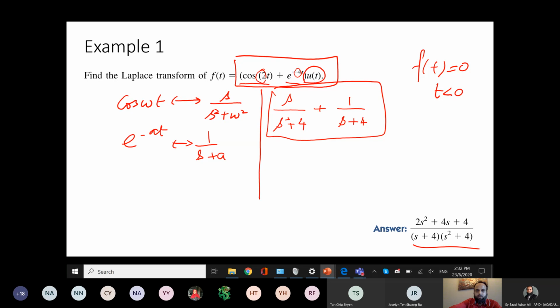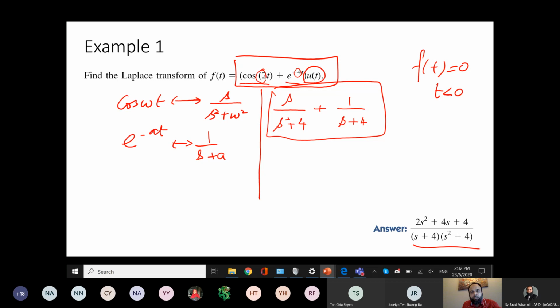Right. So you converted the cos 2t and the e to the negative 4t into a Laplace transform, sir. So you should do the same for the u of t as well, sir. u of t is actually just showing that this function is valid from t equal to 0 onwards.